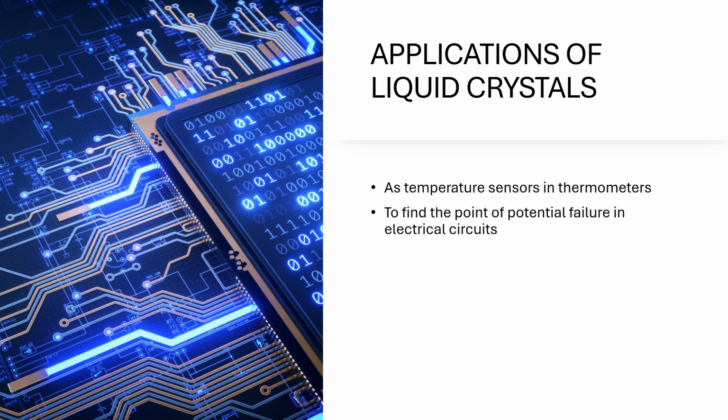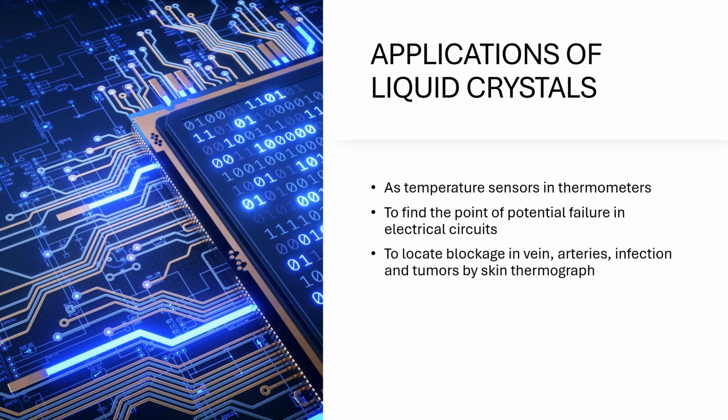It is used to find the point of potential failure in electrical circuits, and to locate blockage in veins, arteries, infection and tumors by skin thermography. The temperature in the area of a tumor or infection will be higher compared to the other parts of the body. So, liquid crystals can detect the infected area by changing the color.